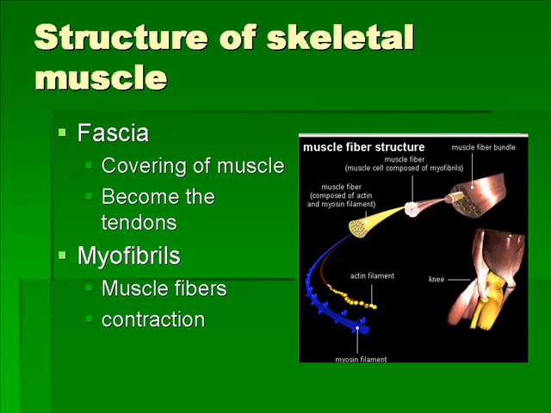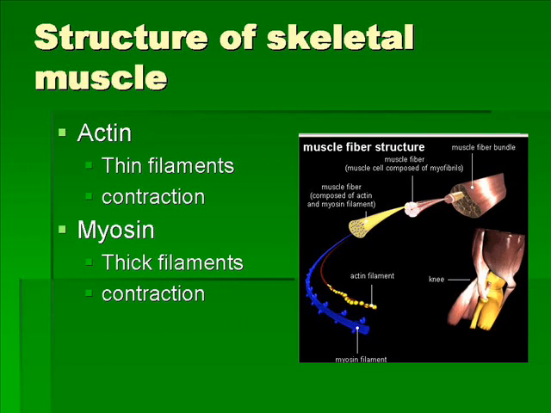Now, the next thing, myofibrils, would apply to anything. Myo meaning muscle, fibrils meaning fibers, hence it says muscle fibers underneath it. And these are actually involved in the process of contraction. I do have another lecture that I'll be giving you later this week on muscle contraction itself, so we're not going to go into too much detail of the functions of these structures. Now, these myofibrils have different parts.